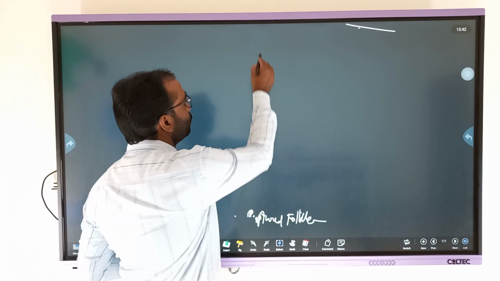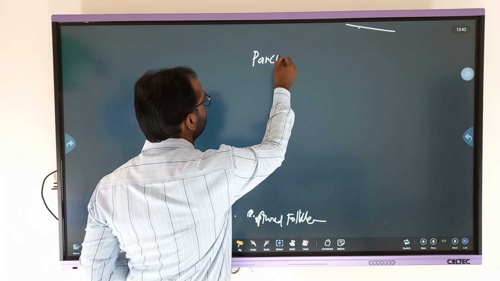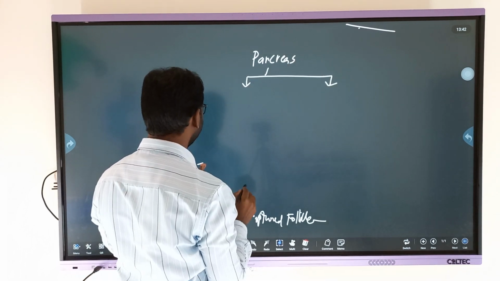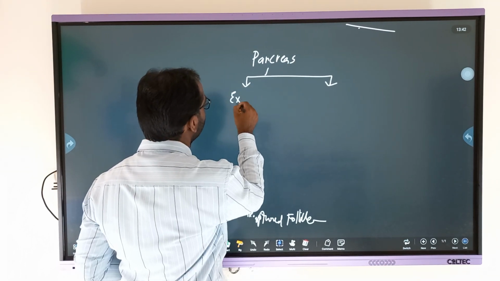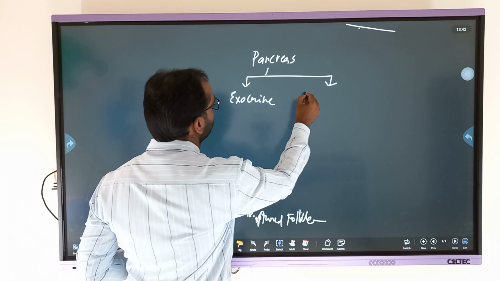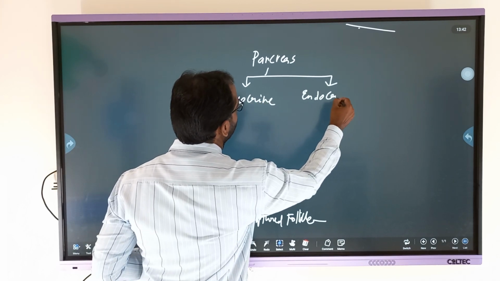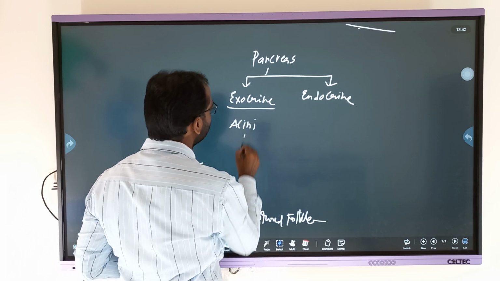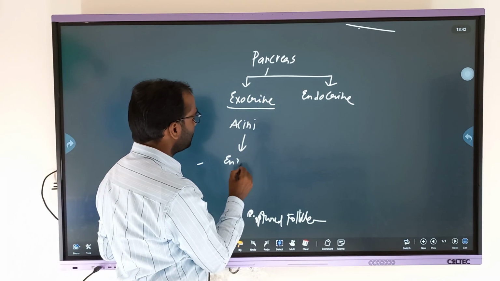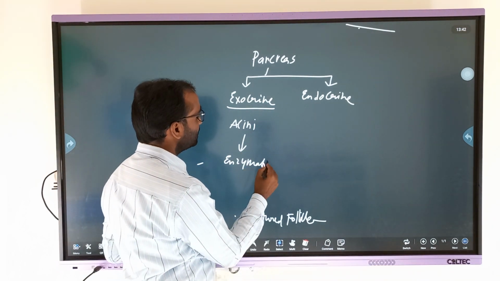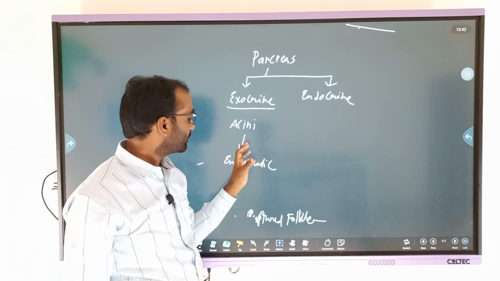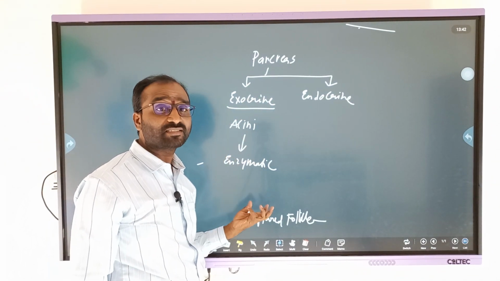Okay now. If you go with the pancreas, the pancreas is known as a mixed gland, because it has an exocrine portion and an endocrine portion. The exocrine portion is called the pancreatic acini, responsible for enzymatic secretions. So if you observe, this is the exocrine portion, the acini, responsible for enzymatic secretion.